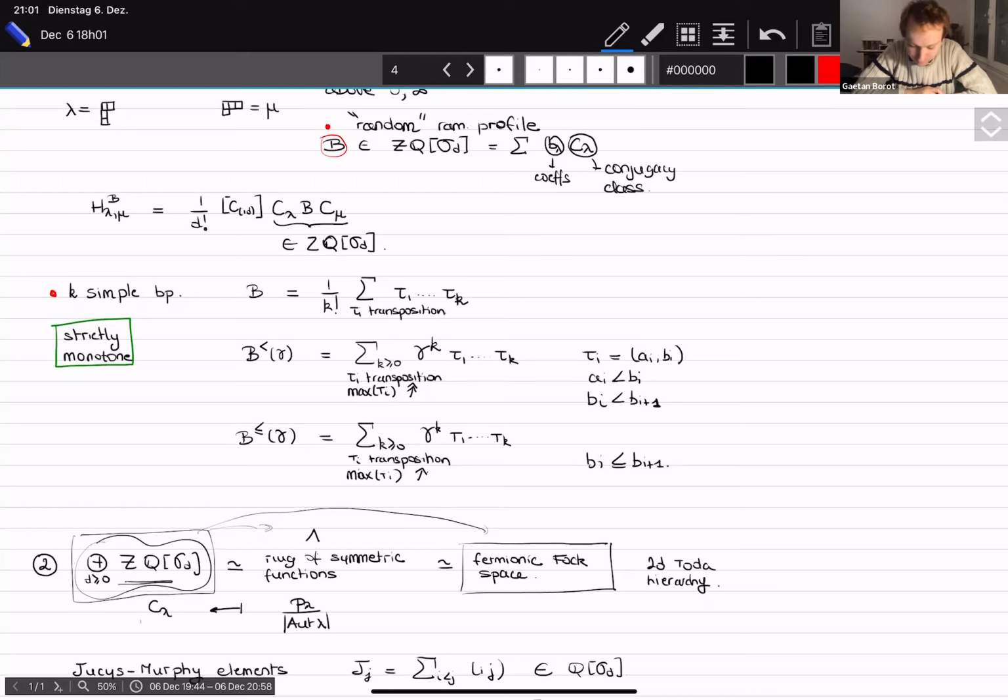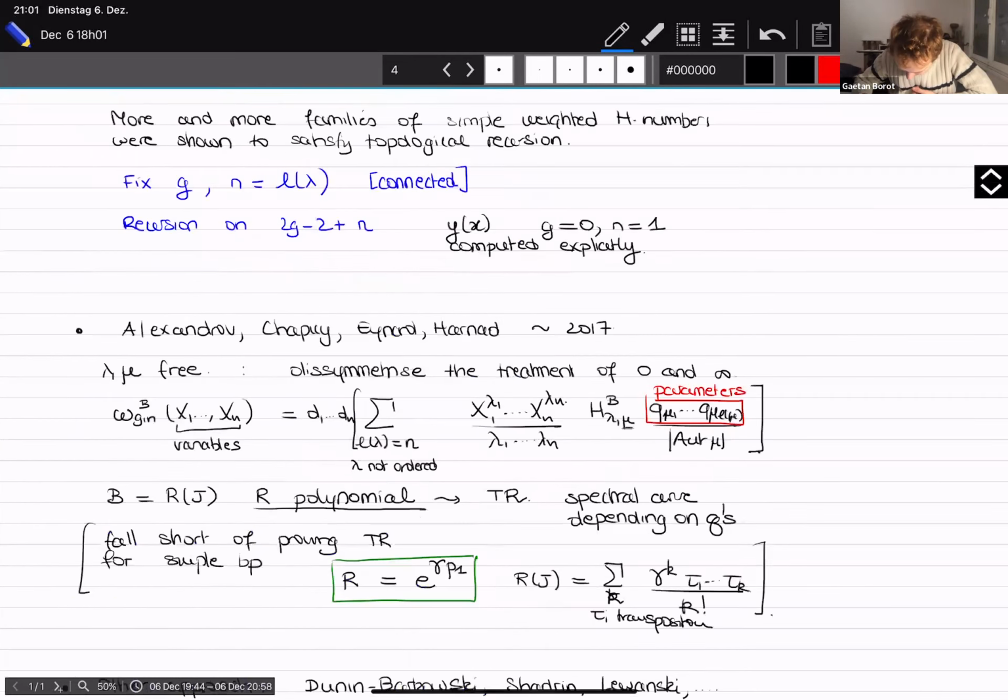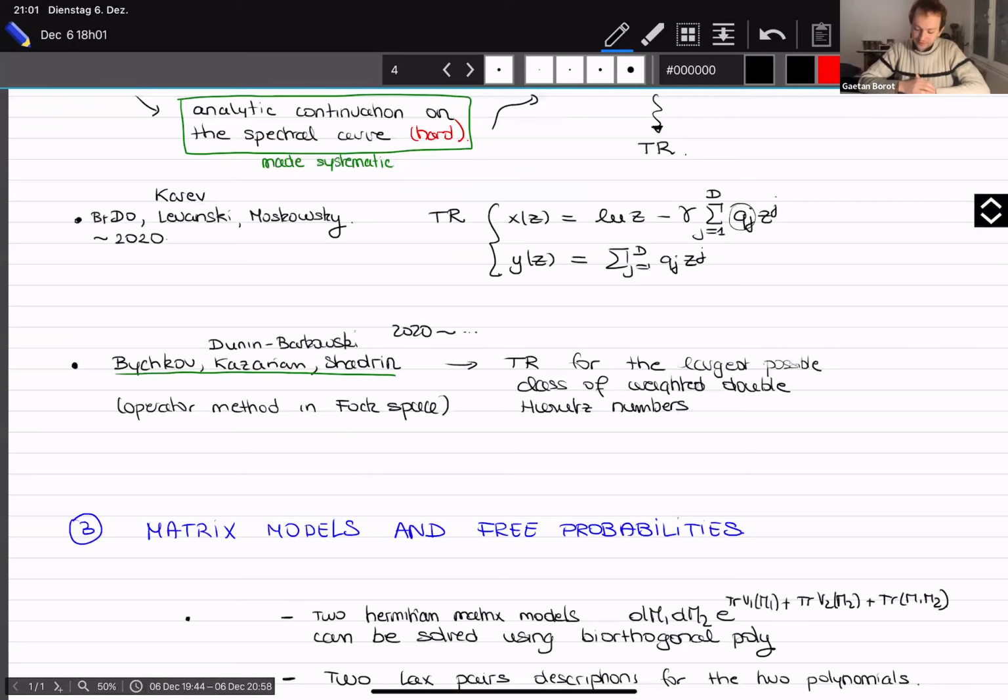They conjectured the topological recursion for this. And shortly after, with the same technique, so this very flexible technique, Alexandrov and Shadrin, in fact, proved the conjecture. So the answer, at least for type B, is yes. Most of the theory extends, and it has very interesting applications in algebraic geometry.